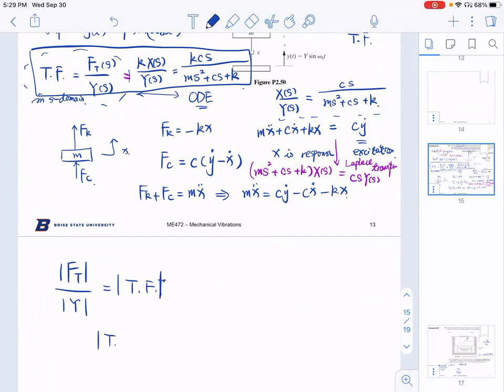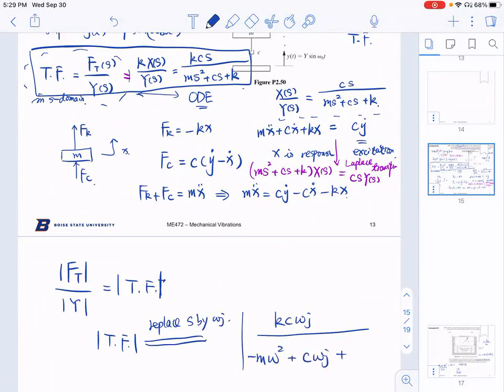To get it, just replace s by omega j, and then you have k c omega j over (k minus m omega squared plus c omega j).